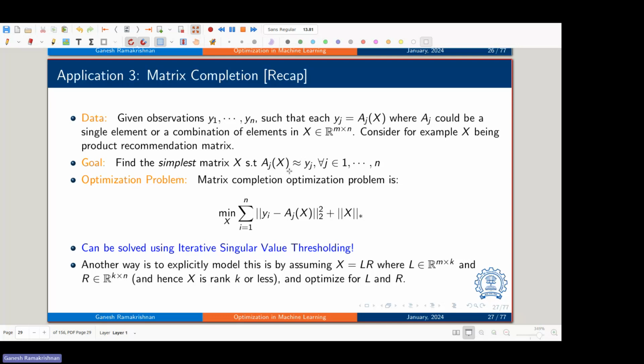This was our fourth application. So part one is what we did in the last class. Part one, which is x simple.